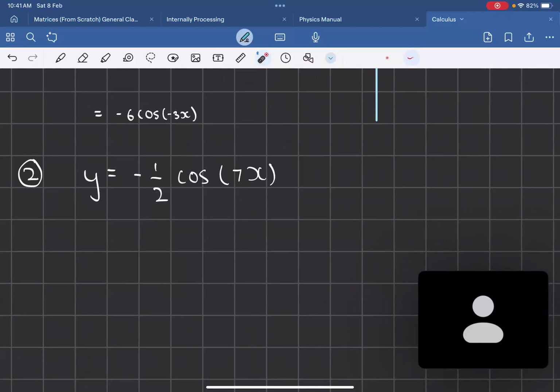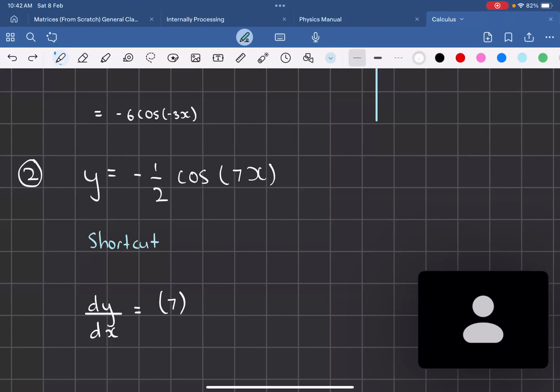So basically we have y equals a half cos(7x), and then dy/dx equals, it's got a variable, so dy/dx means we're differentiating y with respect to x. So in brackets you're going to put 7, that is from the 7x.